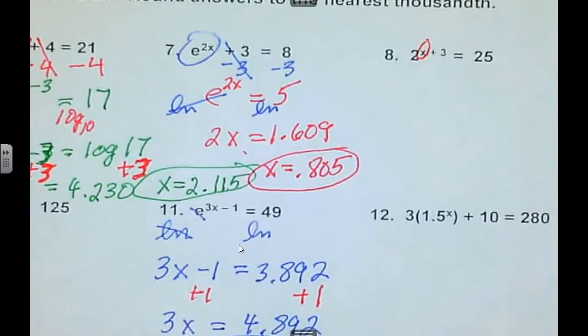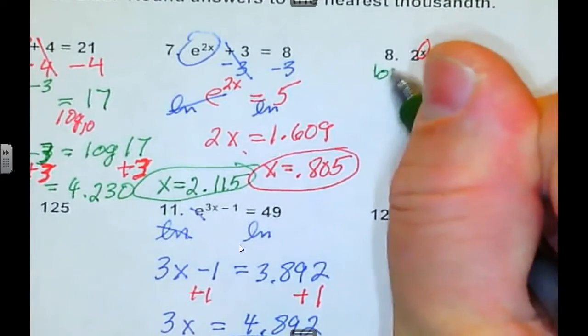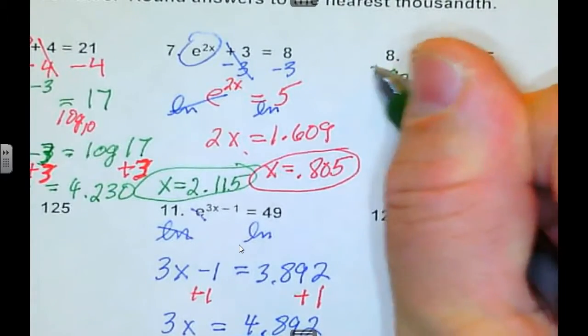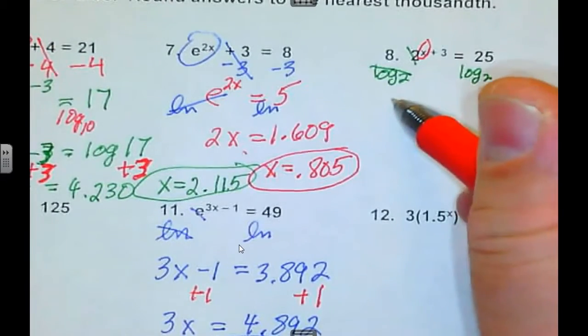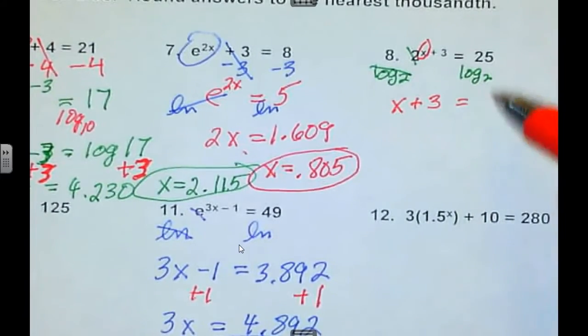My goal is to get that x by itself. So I've got to get rid of the base 2. I'm going to take the log base 2 of both sides. So my log base 2 gets rid of that base of the power. I'm left with x plus 3 equals log base 2 of 25.